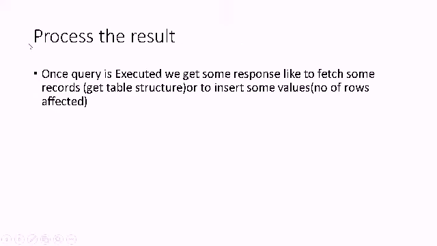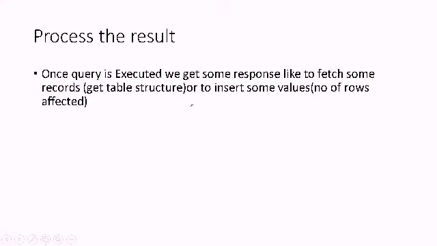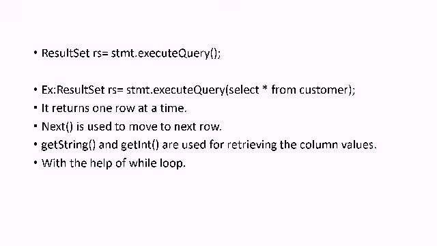Once this statement is created and the query is executed, you get the result. Once a query is executed, we get some response, like fetching some records, getting the table structure, inserting some values, or the number of rows affected. This is given in the form of a ResultSet. It is written as ResultSet rs = stmt.executeQuery.